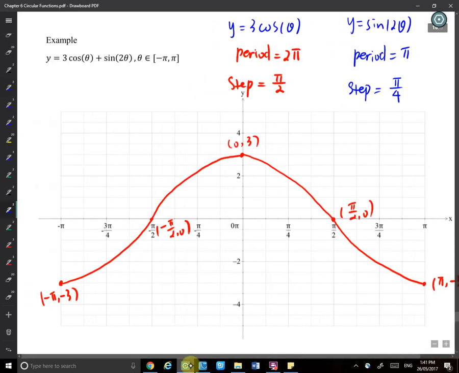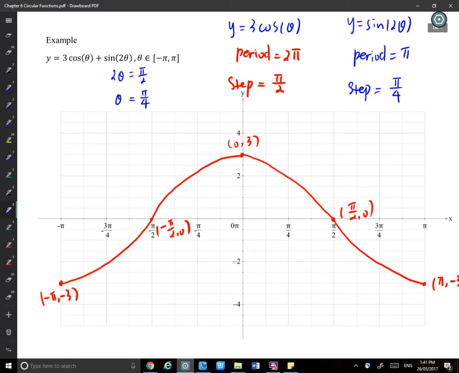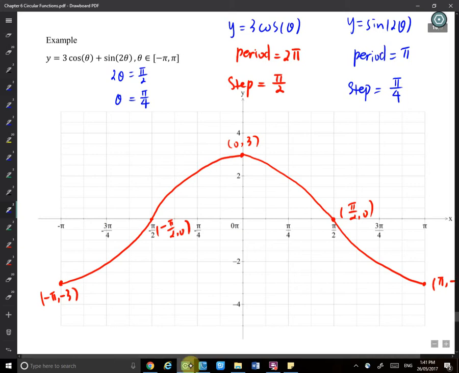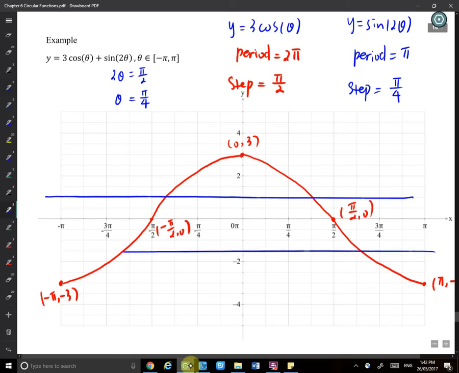Well, where should I start? 2 theta equals pi over 2, so theta equals pi over 4. I should start from there, since sine pi over 2 is 1. So 1 is the maximum, the mean line is 0, the minimum line is -1.